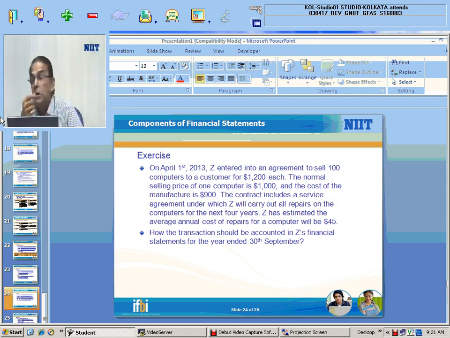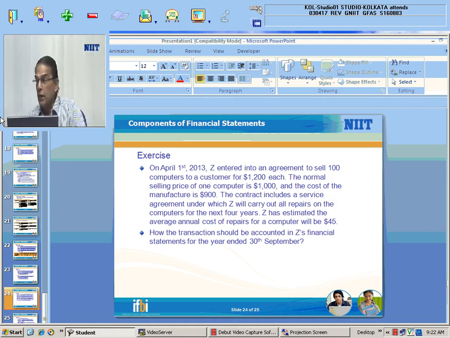So the $1,200 received on 1st of April 2013 by Z Limited from the customer has two components. One component is the sale of the computer, which is $1,000. The remaining part, $200, is for services to be rendered in future. Future means after 1st of April 2013 for the next 4 years. Is that clear, Rituparna?